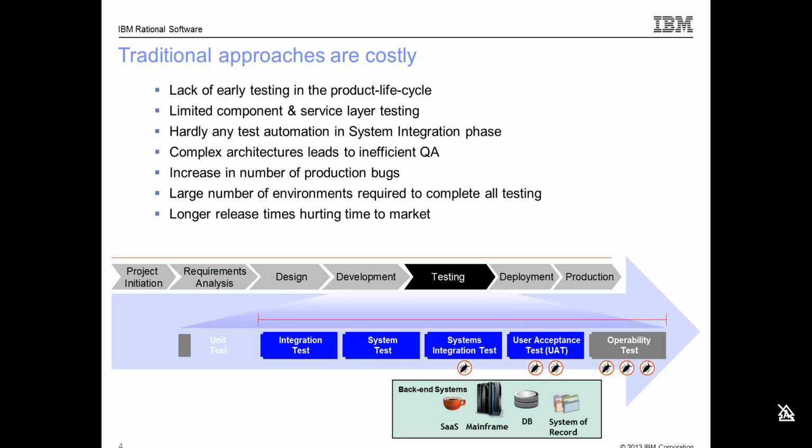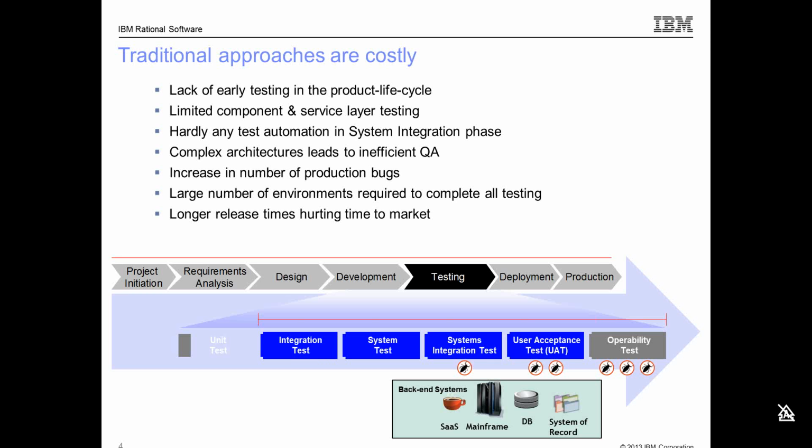As a result of all of this, you see an increase in the number of bugs that are found later in the production cycle, right? So when you have your user acceptance tests or your operability tests being performed, then we see a lot of bugs coming out at that point. And like we said, that proves costly. We have to get back to our design sometimes in order to fix these bugs, and that's too late in the cycle, thereby hurting our time to market and causing longer release cycles.